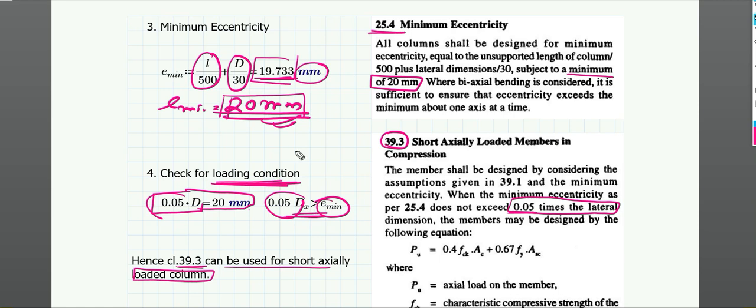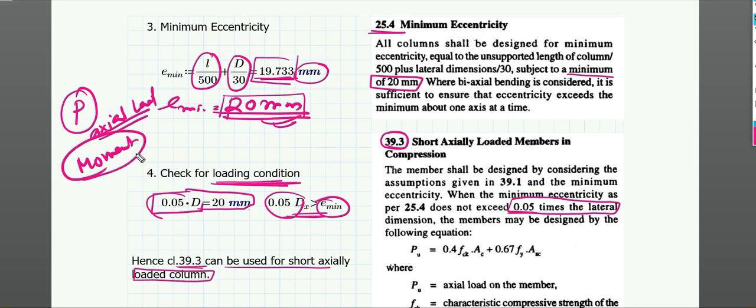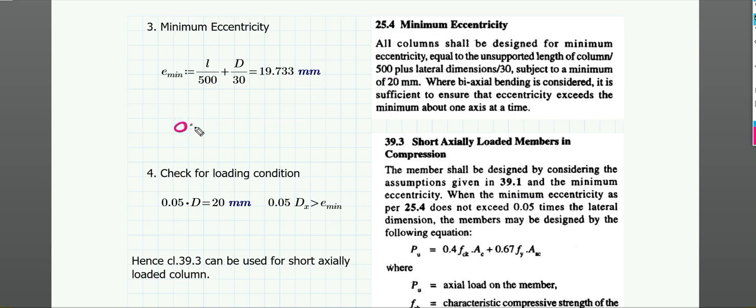That means here only P, or axial load, is going to act. Moment we are not going to consider, because moment will come only if 0.05 D gets to be more than the e minimum. Suppose you get e minimum value as 25. In that case 0.05 D, which is 20 mm, would be less than e minimum, which is 25, right?